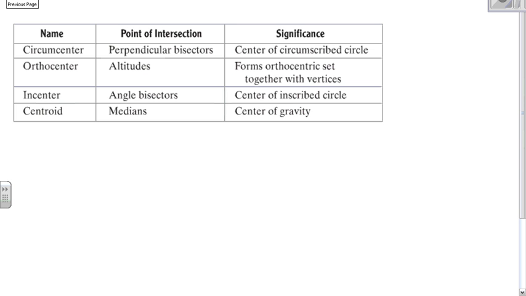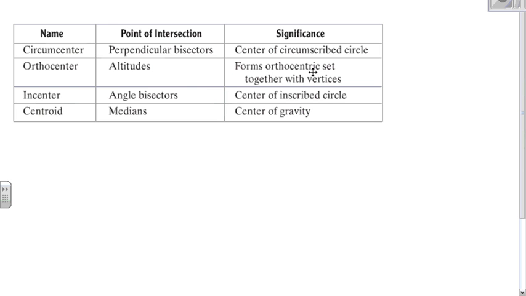So here's just a quick summary of the 4 centers. The circumcenter is the perpendicular bisectors. It's the center for a circumscribed circle. The orthocenter is where the altitudes intersect, and it forms an orthocentric set with the vertices.